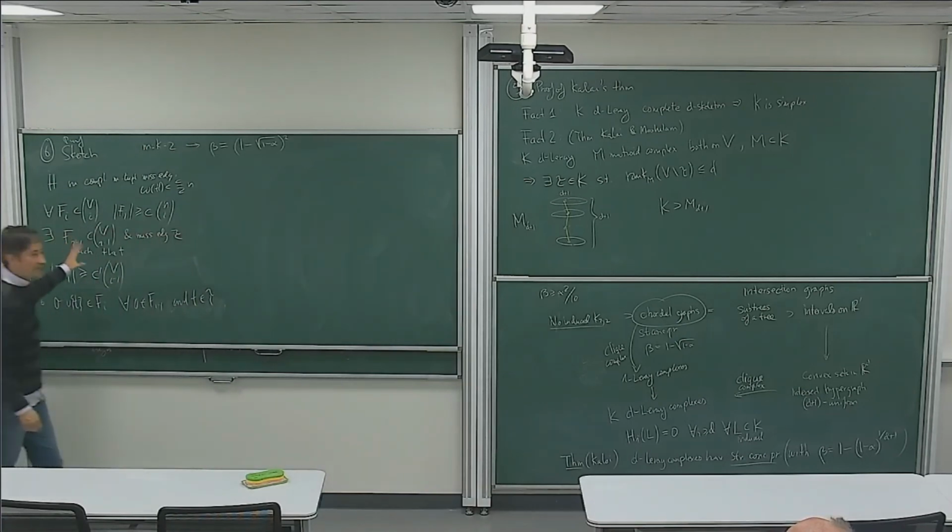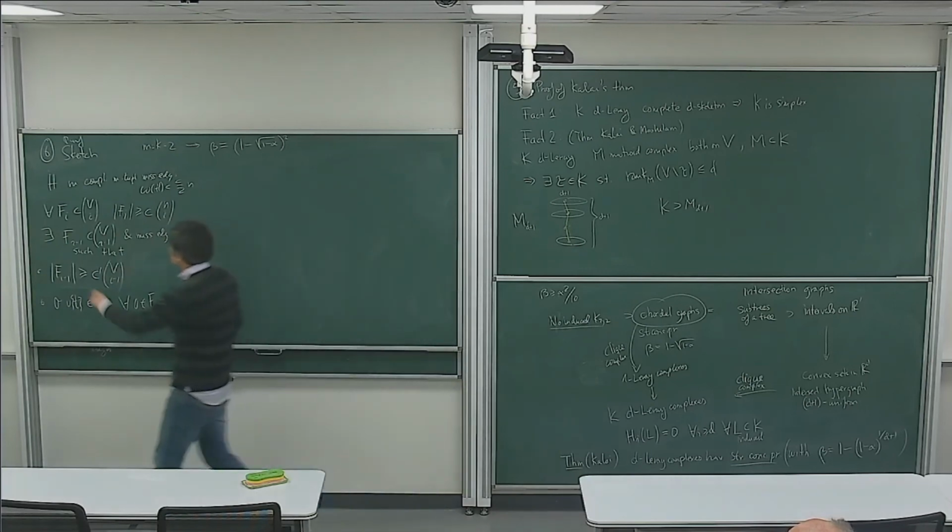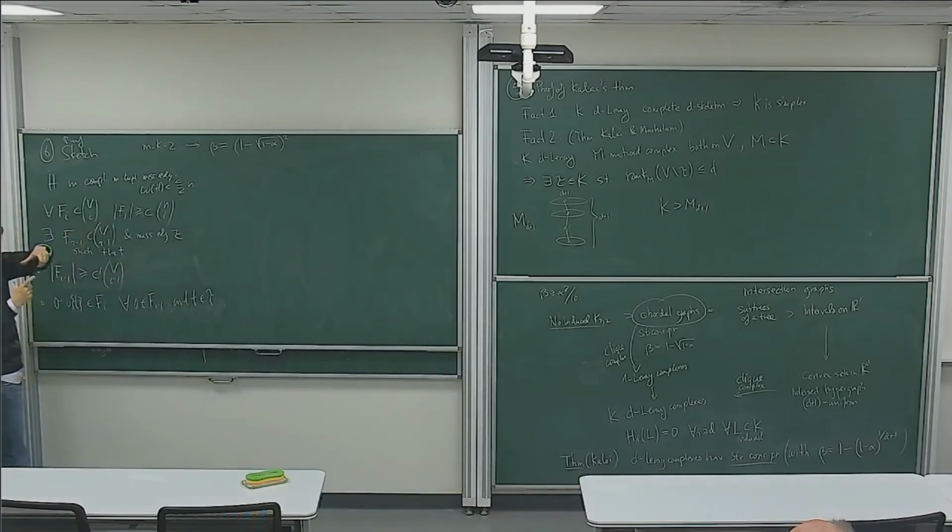So how do you apply this? Well, you start with your whole hypergraph, and now you look at the family of m-tuples which are cliques.